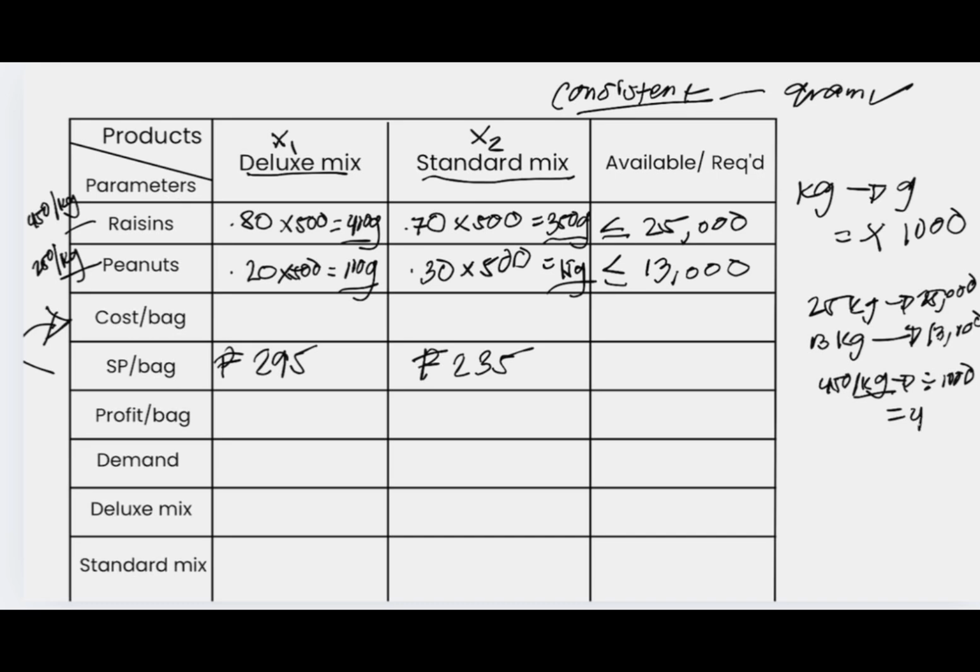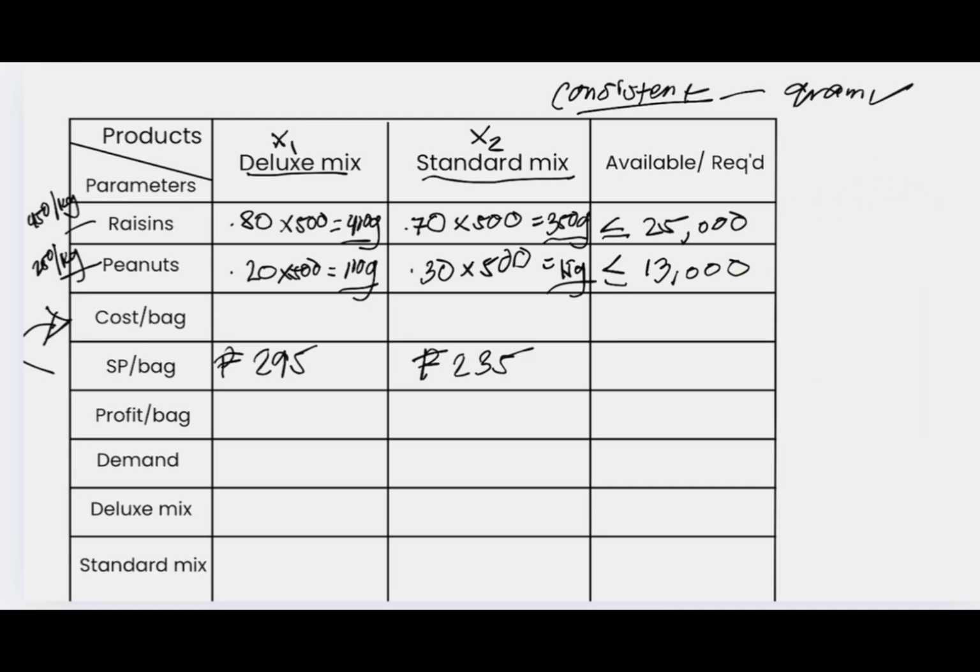So 450 divided by 1,000 is 0.45, and 250 per kg divided by 1,000 gives us 0.25.